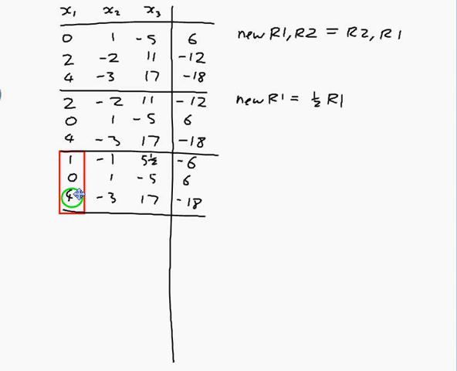And I've got a handy dandy 1 right here to use. So to get my 0 in this position, my new row 3 is equal to row 3 take 4 of row 1. I haven't changed any of the other rows, so I'll just put them in.